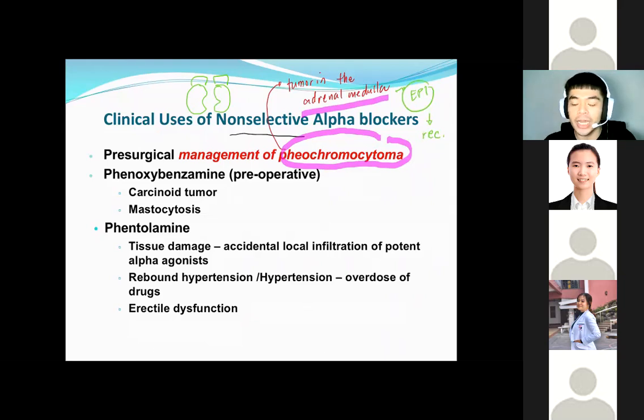Ano ba ang ginagawa ng epinephrine sa receptors? Halimbawa, sa alpha-1, nagko-constrict siya ng vessels, hindi ba? And then, sa beta-1, anong ginagawa niya sa beta-1? It can stimulate the heart. So taken all together, when you have pheochromocytoma, minimal palpation at your back can cause hypertensive cases. So nagkakaroon ka ng hypertension, palpitation, and tachycardia. Naintindihan ba?